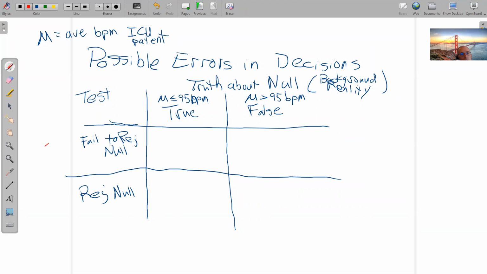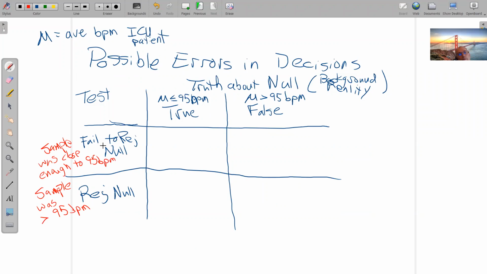That means that the sample was close enough to 95 beats per minute. And rejecting the null means the sample was far away. The sample was greater than 95 beats per minute.